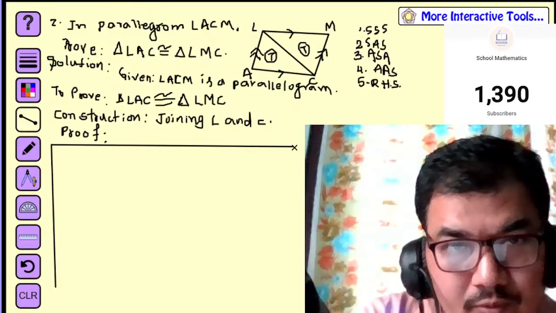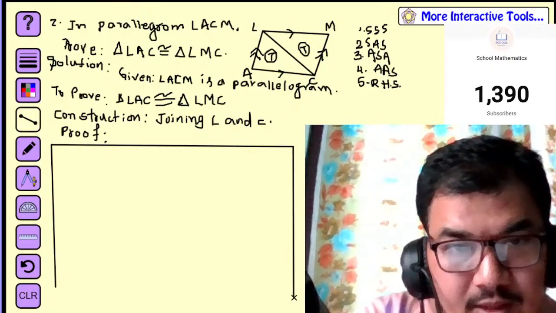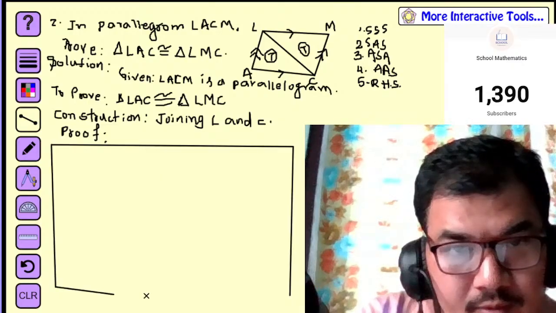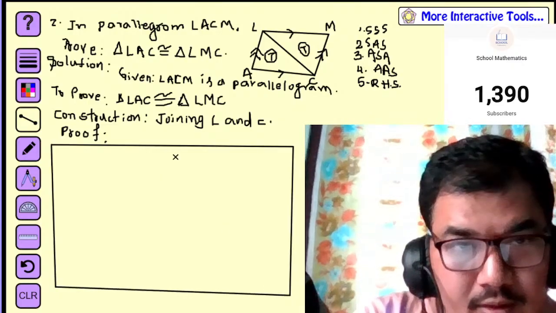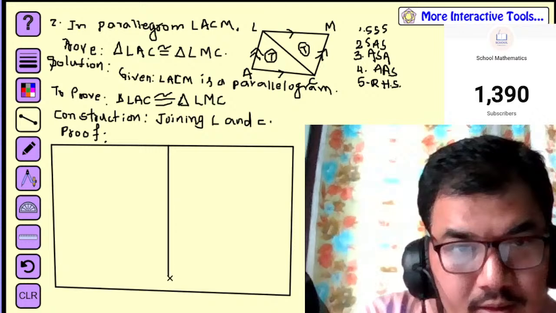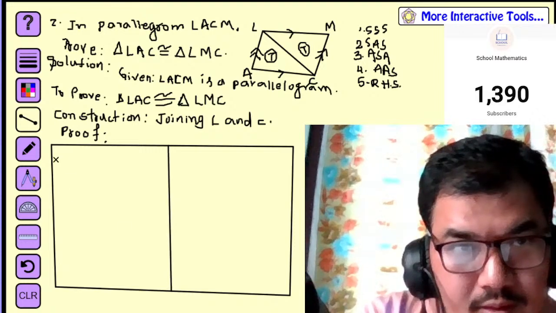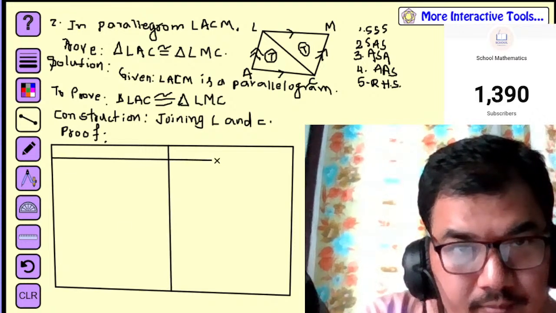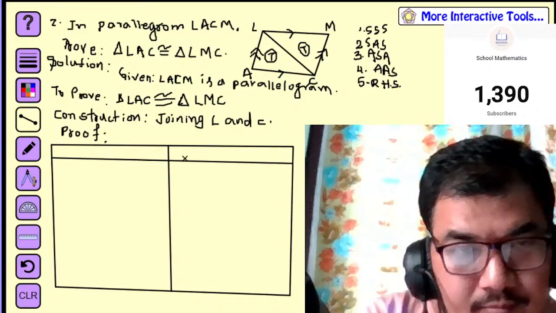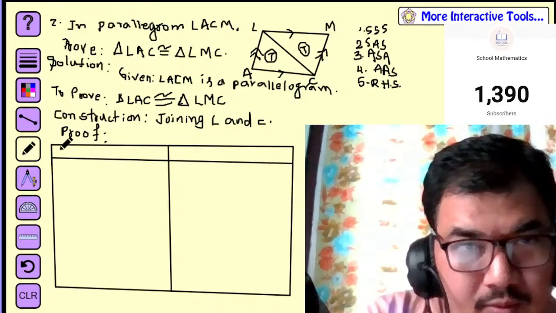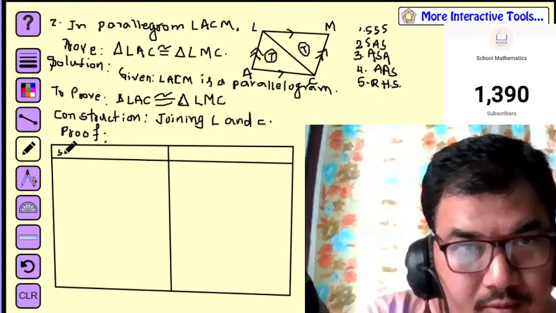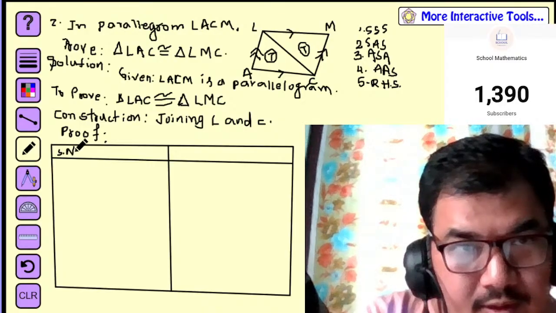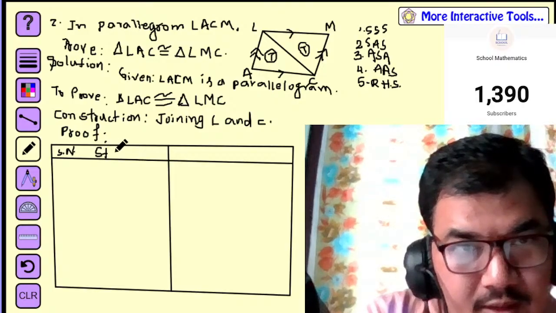We need to divide it like this. Okay, and then write here the serial number. This part is for the serial number and statements. Write here serial number and statement.